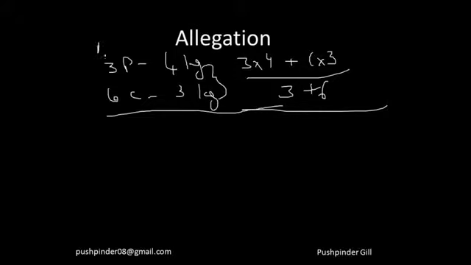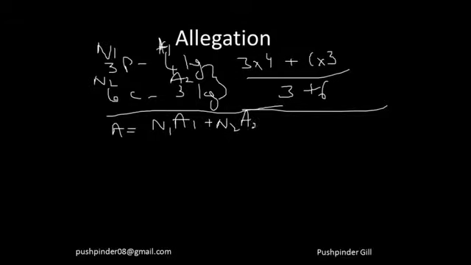So if I say there are N1 pigs and their average weight is A1, and there are N2 cows and their average weight is A2, how are you going to calculate that? The total average weight A will be equal to N1 A1 plus N2 A2, divided by N1 plus N2.